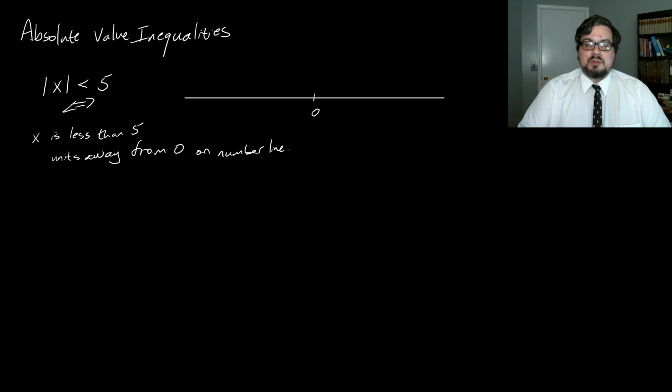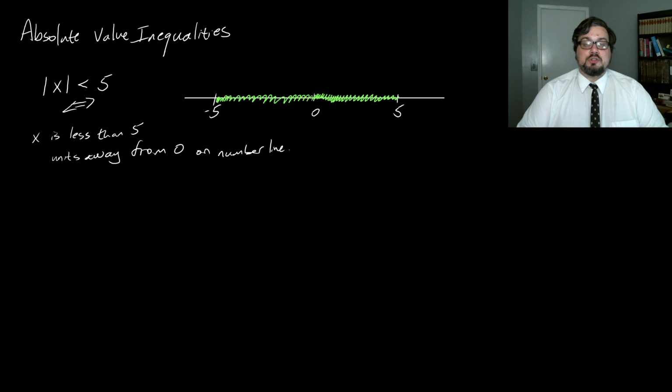So if we look at the number line and we mark where 5 and -5 are, then for x to be a solution to this inequality, it could be numbers that are up to 5 units away from 0.